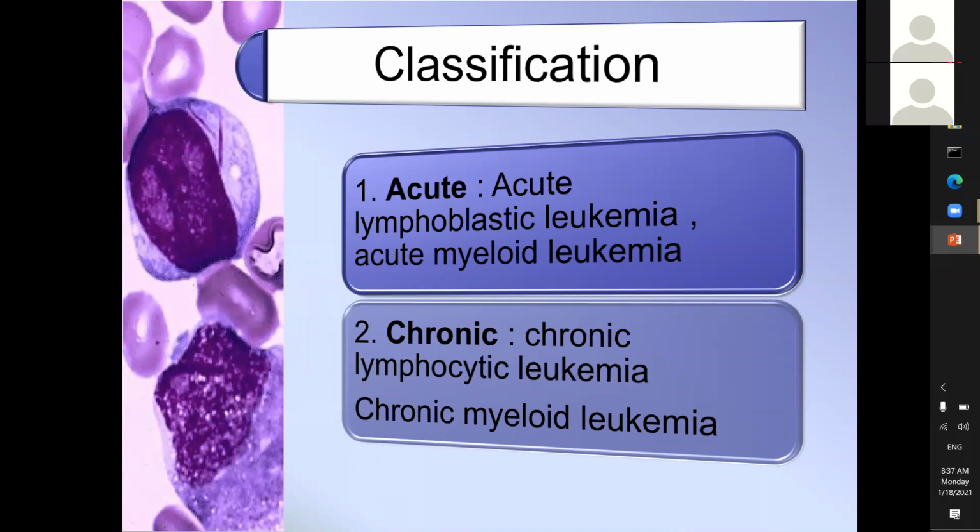The acute leukemia, as we said, can be classified according to the lineage, the origin of the cell, into ALL or AML, while the chronic leukemia into CLL, chronic lymphocytic leukemia, or CML, chronic myeloid leukemia. So we have four types of leukemias: AML, ALL, CLL, CML, according to the chronicity and the lineage of these cells.